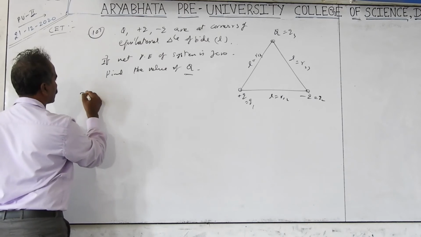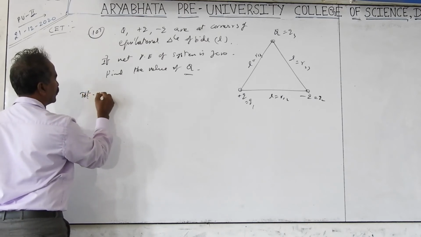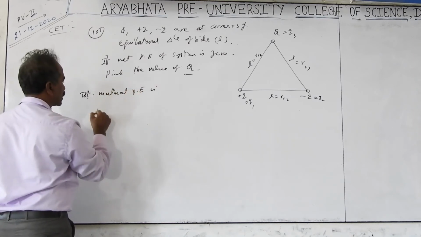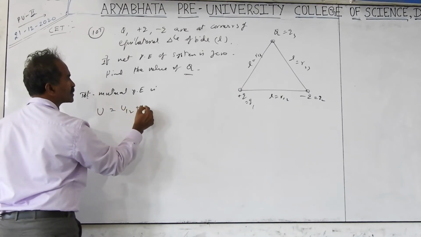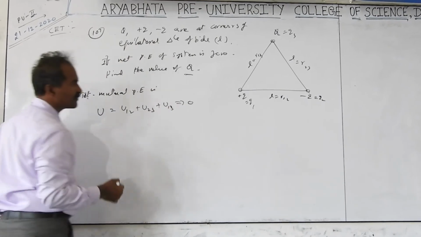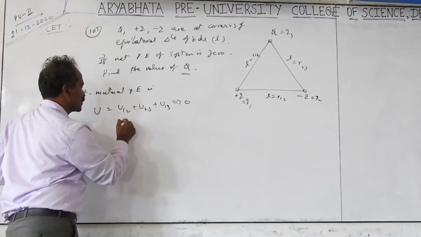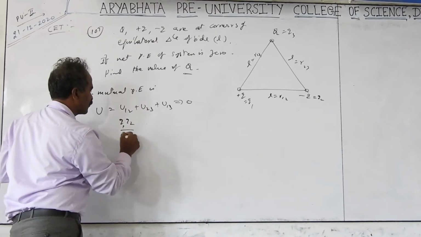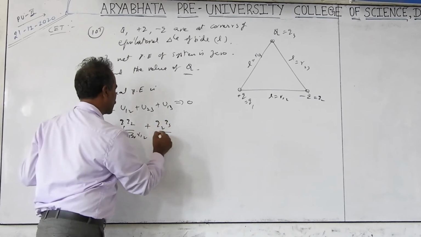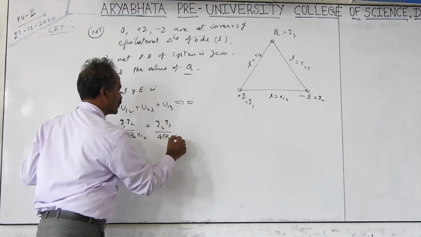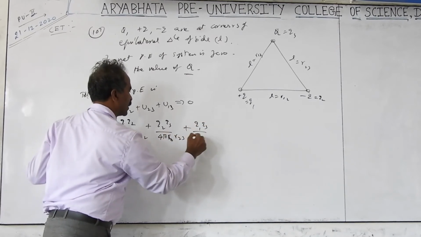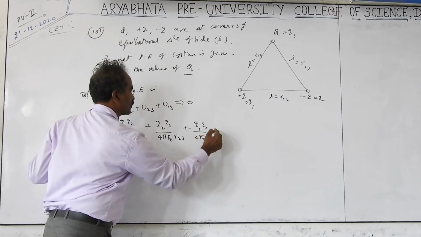Total mutual potential energy is U total equal to U12 plus U23 plus U13, which is equal to 0. U12 is Q1 Q2 by 4 pi epsilon naught R12, next Q2 Q3 by 4 pi epsilon naught R23, plus Q1 Q3 by 4 pi epsilon naught R13, equal to 0.